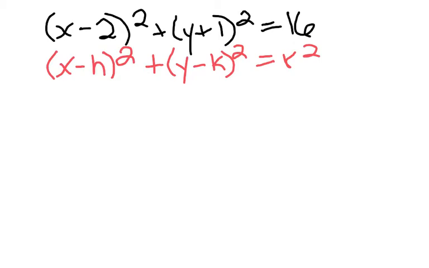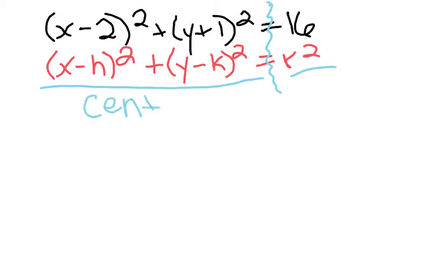So this is the second part of the problem where we're trying to come up with the radius. The first thing that we're going to do, from algebra and pre-algebra, is draw the vertical line between the equal sign, because we want to separate the left-hand side from the right-hand side. So we already worked on the left-hand side, and that was the center.